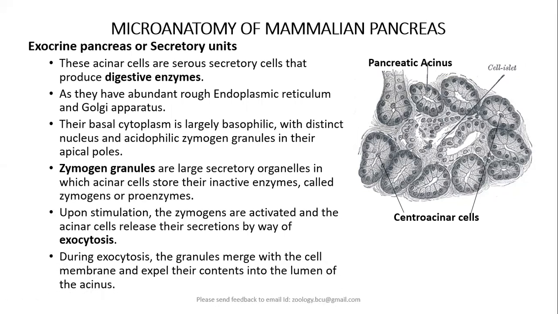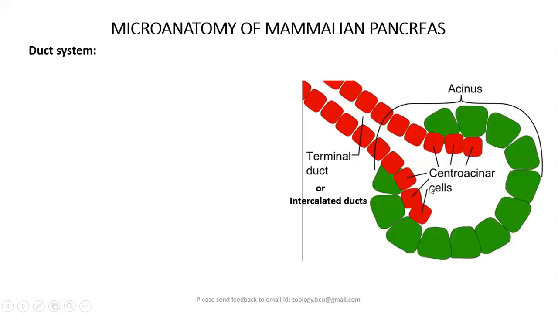During exocytosis, these zymogen granules merge with the cell membrane and expel their contents into the lumen of the acinus. With that, we have completed the structure of the exocrine glands, or the acinar glands, of the pancreas.